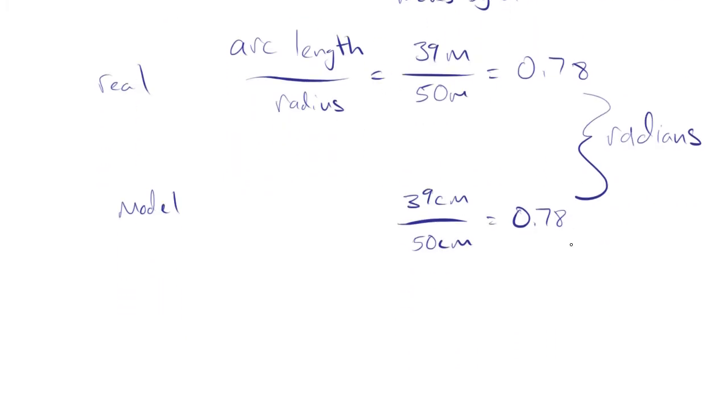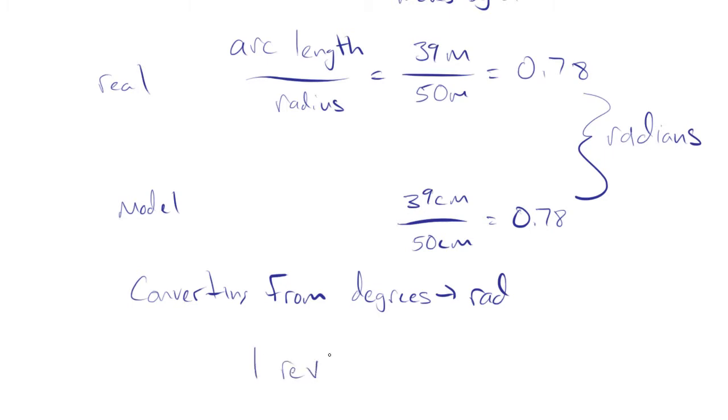All right, so one thing you're going to have to do from time to time is convert from some angle measured in degrees to radians. If you want to do that, you just need to remember that one revolution is 360 degrees, because there's 360 degrees in a circle, and there's 2 pi radians.